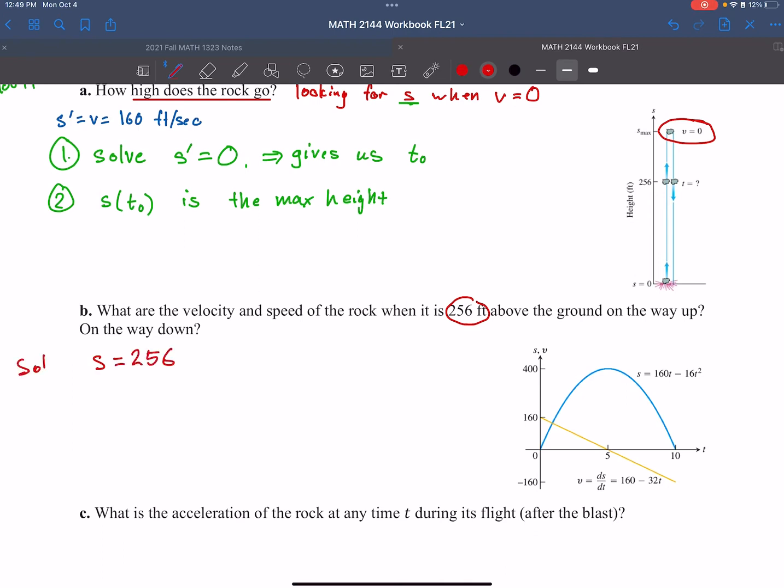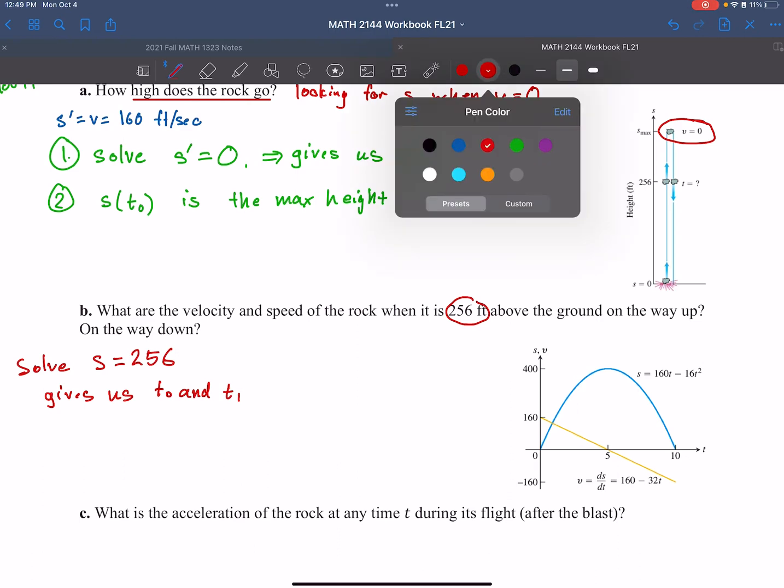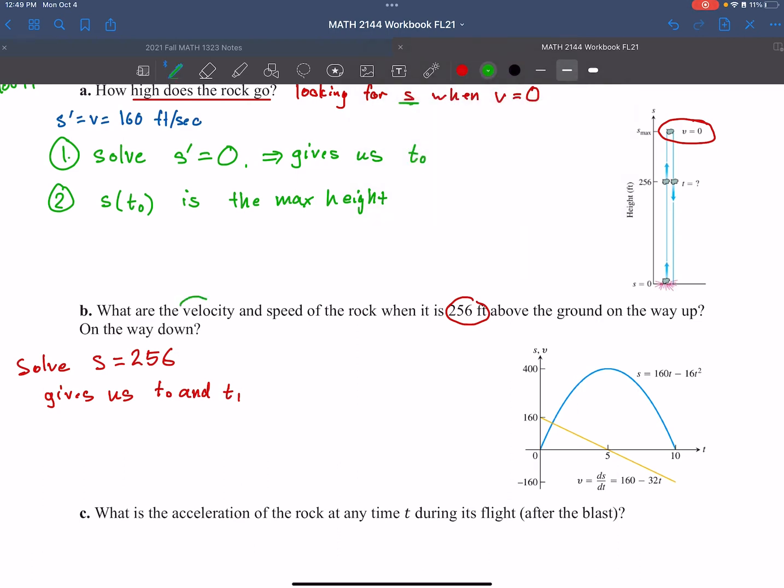So you solve, setting S equal to 256 feet. This gives us T0 and T1. And what you can see right here is the actual velocity is V of T0.